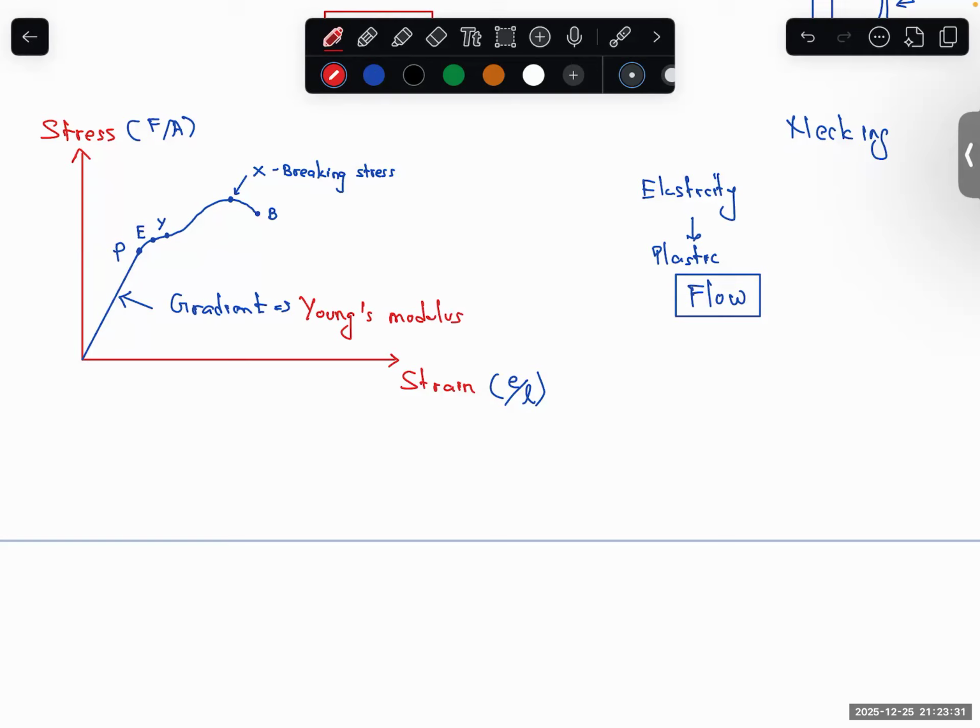What do you think will be given by the area under the graph? Energy stored per unit volume. Energy stored. You mean the total energy or what? Like total energy, like per unit volume.